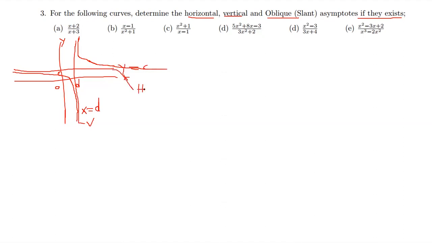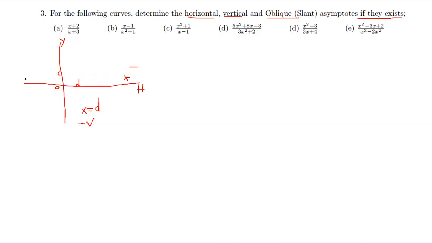Now, how does the oblique asymptote look? The oblique is simply the slant asymptote. Oblique and slant are just the same. For the slant asymptote, you have something like this. If this is your x-axis, your slant asymptote moves like that.